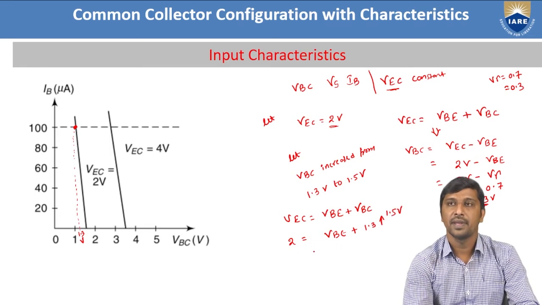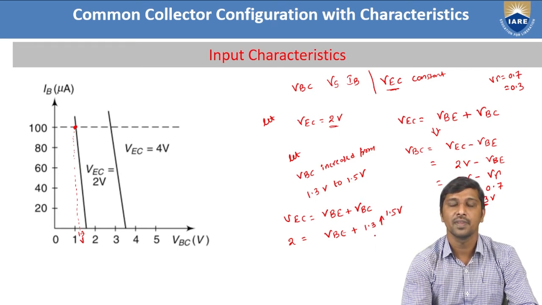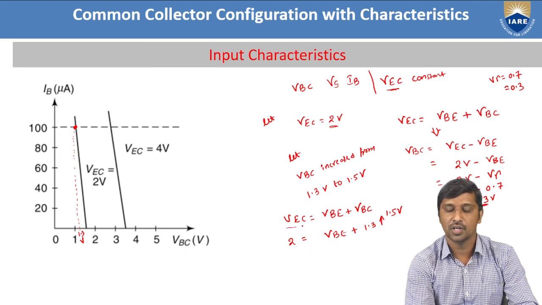Now, how are we going to handle this condition? If the VBC is increased from 1.3 volts to 1.5 volts, how are we going to keep VEC constant? That compensation is done through the VBE parameter. How much voltage is increased across the collector and base junction? That voltage should be compensated through this VBE.